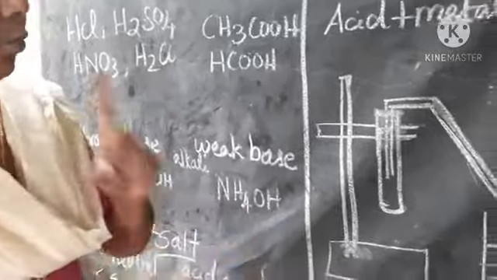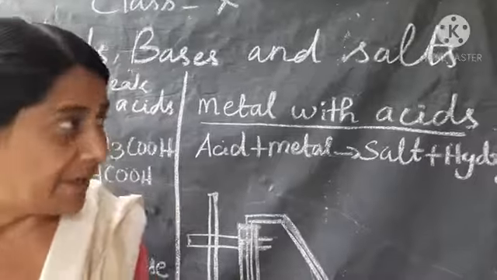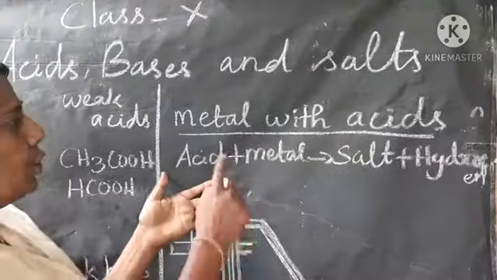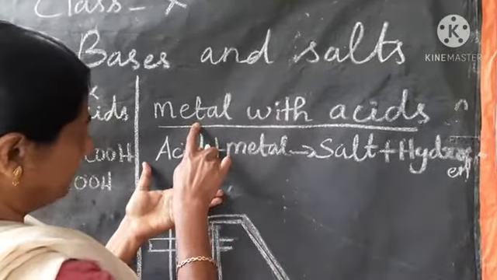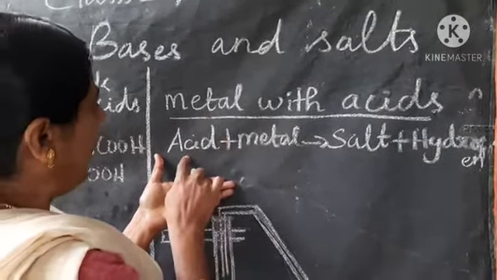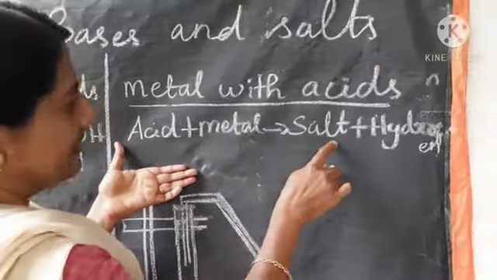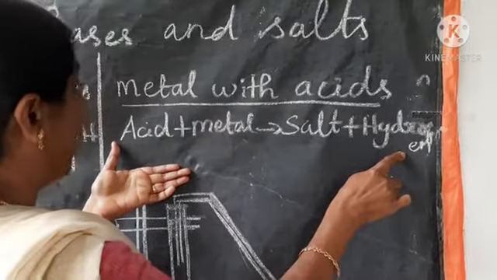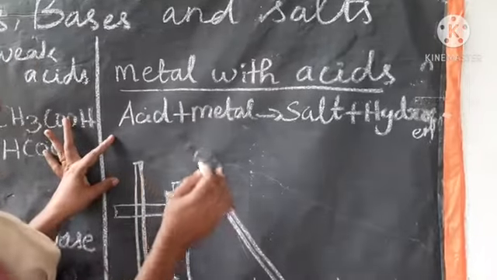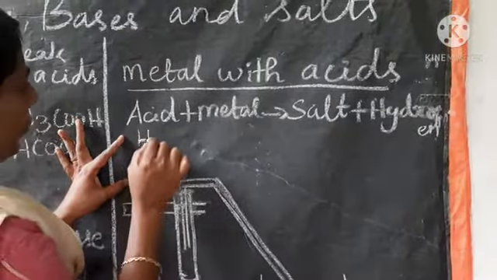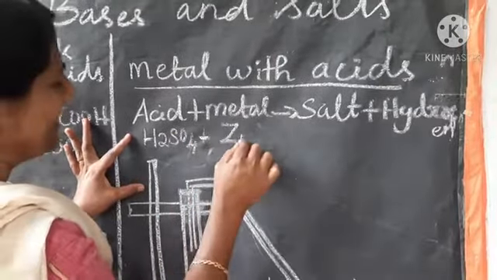Now let us see the chemical properties of acid and base. First, how do acid and base react with metal? When acid reacts with metal, it produces salt and hydrogen. It is a common equation. One example I am going to write now. Here, sulfuric acid is H2SO4, the metal is zinc.